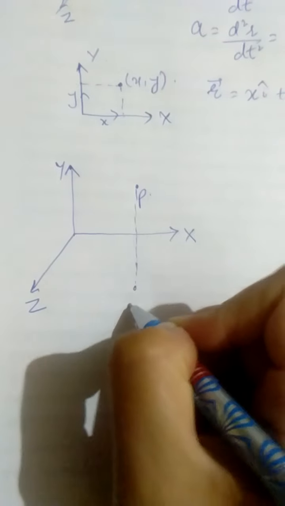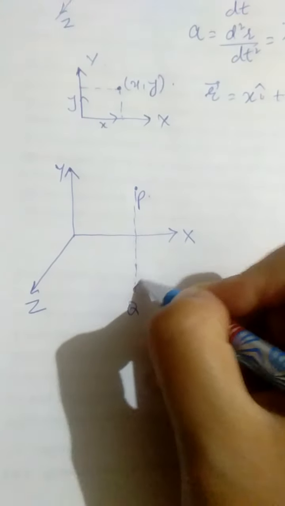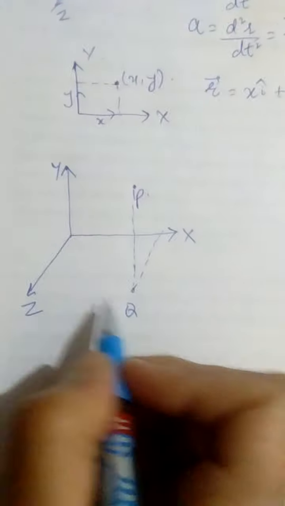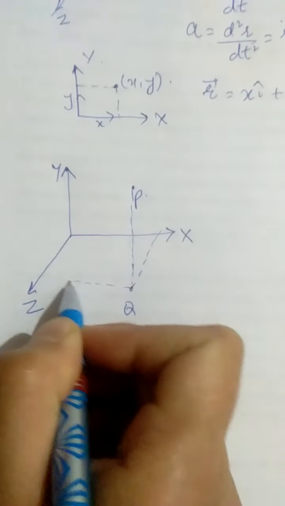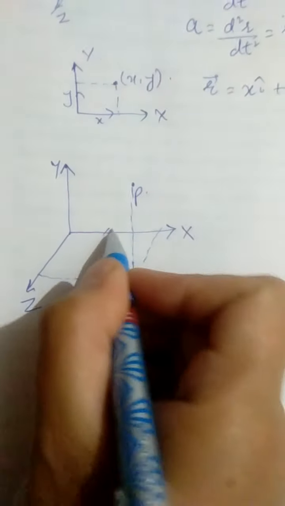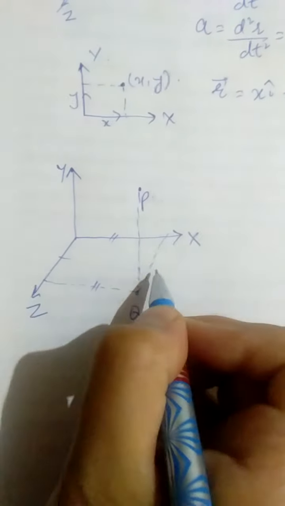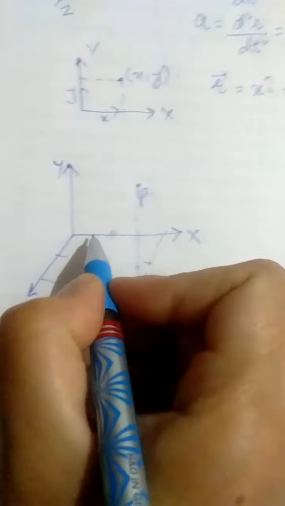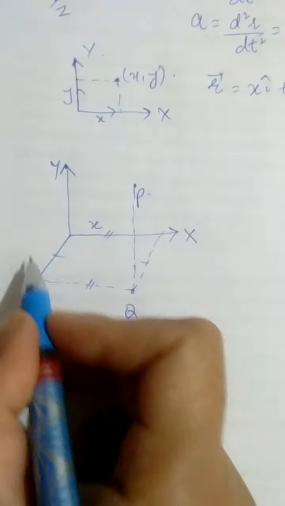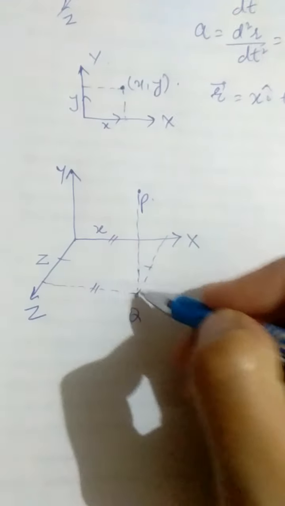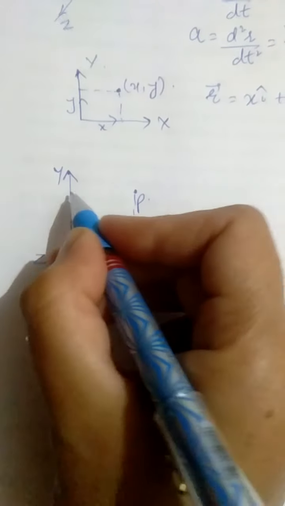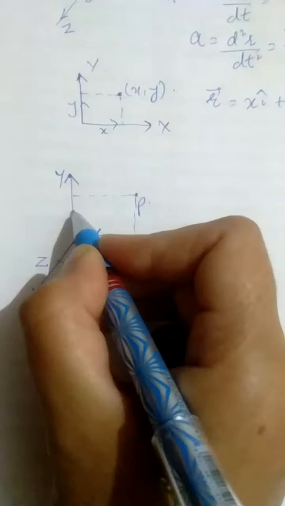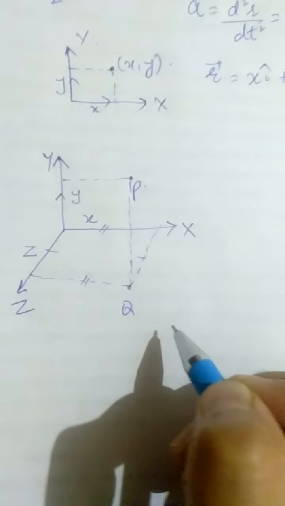Now, from this point, say Q, you draw a line which is parallel to z-axis and another line which is parallel to x-axis. So this is parallel to this and this is parallel to this. Now this specifies the x coordinate, this specifies the z coordinate, and this much specifies the y coordinate. Right? So this is the y coordinate.